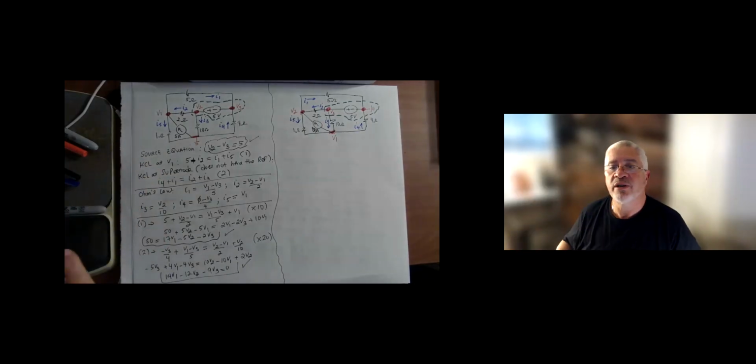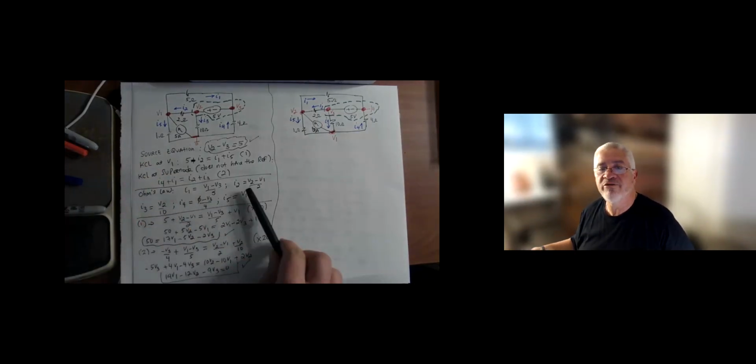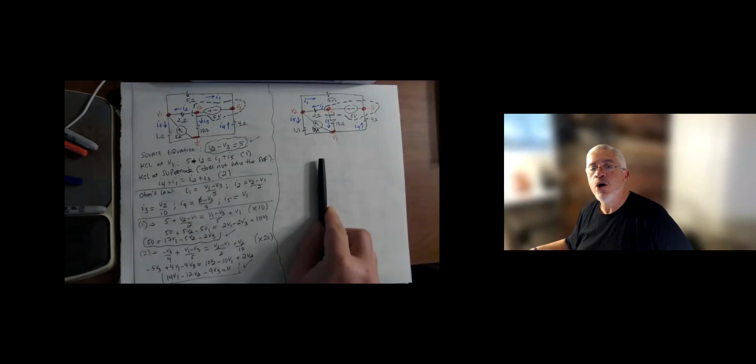And then I go ahead and put my currents the same way I had. I1 here, I4, I3, I5, I2. Of course, this particular problem will be different because my nodes are different.